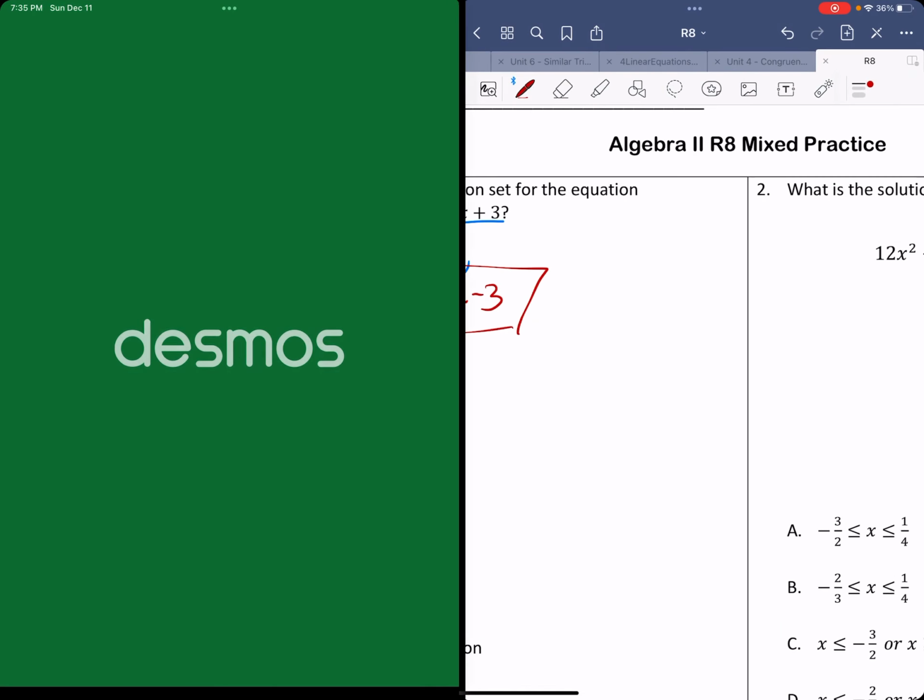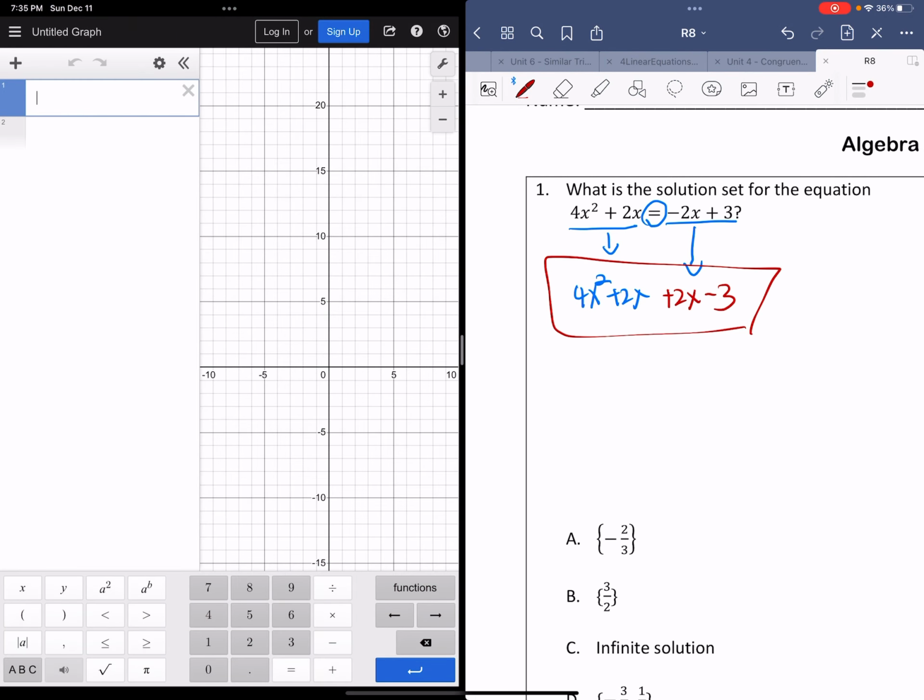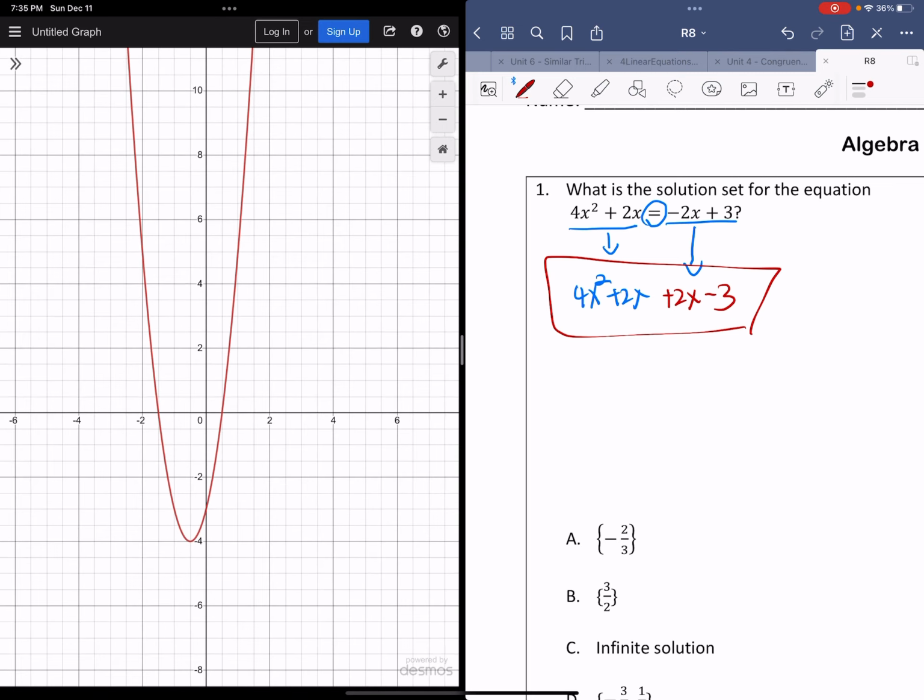Let's see how it goes. So I will write 4x squared plus 2x plus 2x minus 3. So you have this one. And the question is obviously asking for the solution, which means you are going to look for the x-intercept.